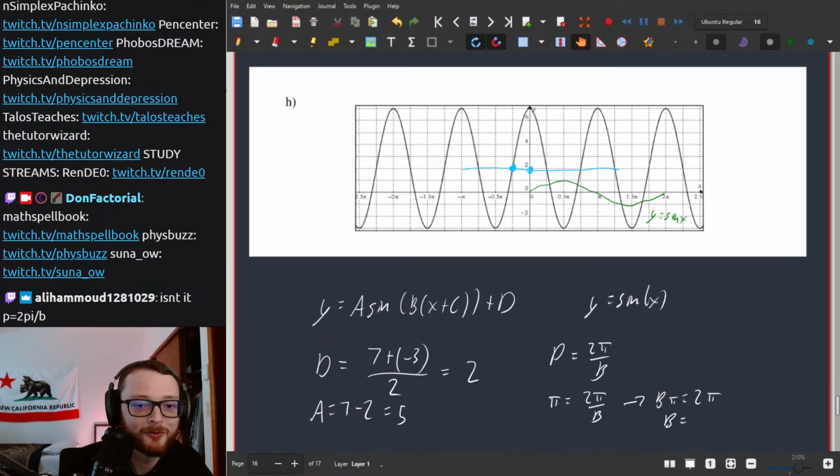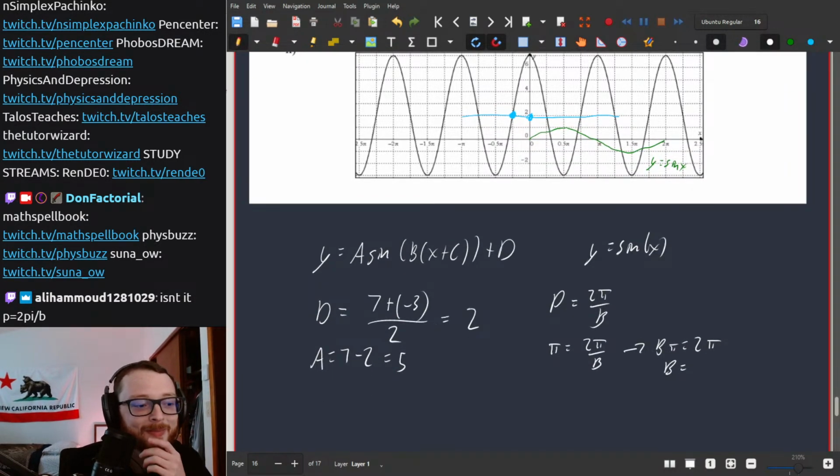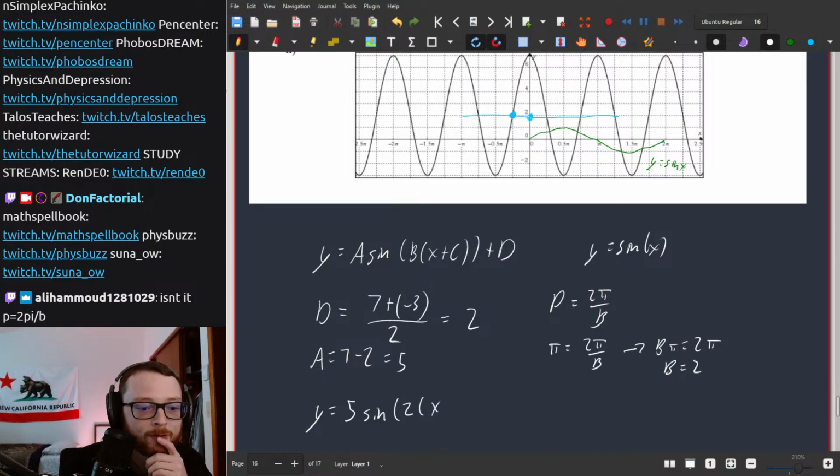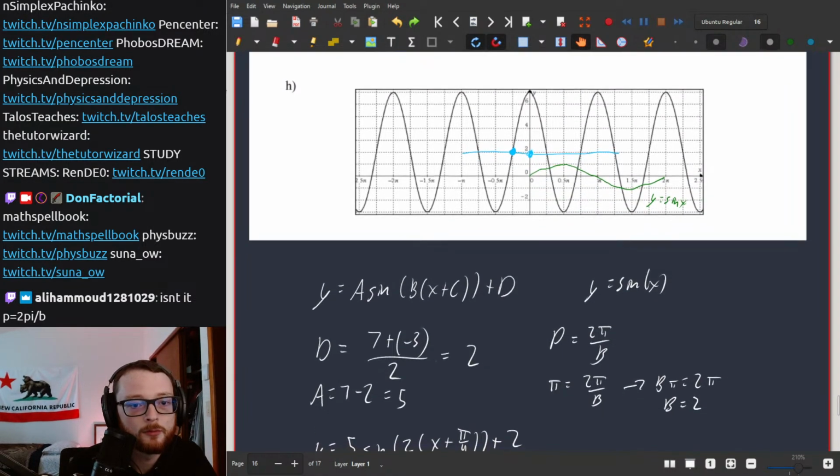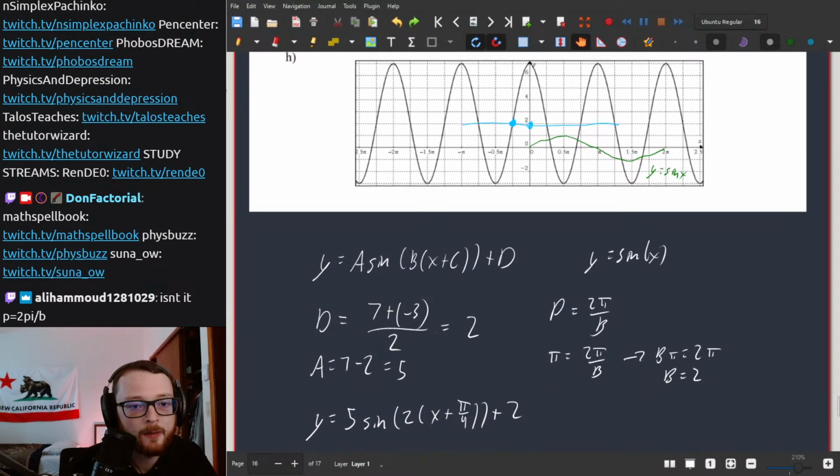I always get that part mixed up too. I think what our answer is coming out to be, and I'm gonna have to check this, 2 times x plus pi over 4, plus 2. And so if I plug in, say, x equals 0, I'm going to get pi over 2 is 1.5, times 5 is 7.5, plus 2 is 7. So that's good news. Yeah, this should be right.